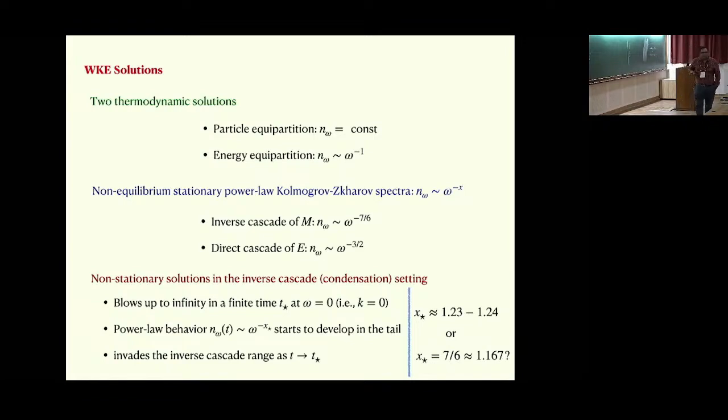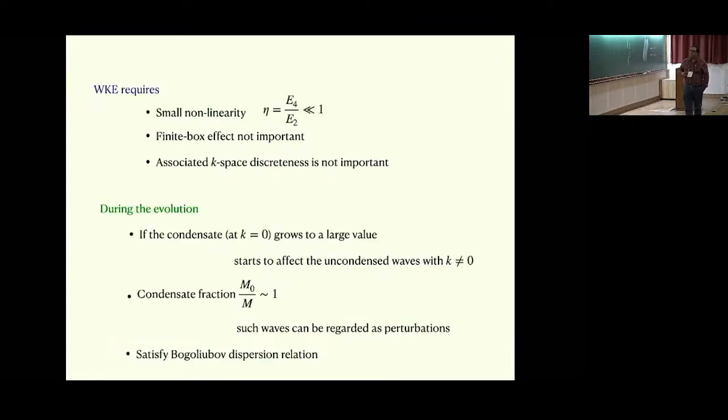There was some confusion in the literature. Some people said, based on numerical solutions of the wave kinetic equation, that this x star should be 1.23 or 1.24. Then in other papers x star was assumed to be 7/6, which coincides with the inverse cascade stationary solution. So one of the goals is also to resolve this.